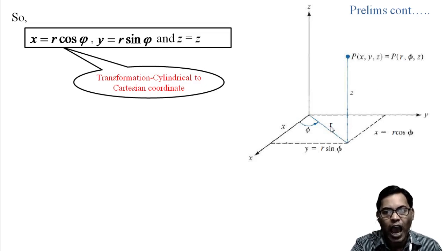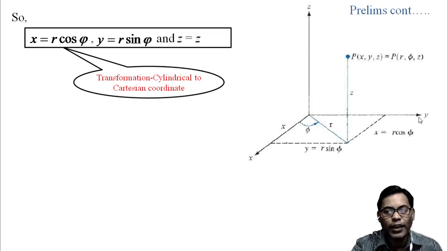Now the r is the radial distance, as I said in the earlier diagram, radial distance from the z axis to the point P. Here you see that this is the point P here. So this is the radial distance. Now if we resolve this r along the x direction and the y direction, what we will get? x equals r cos phi. Here you can see that x equals r cos phi.